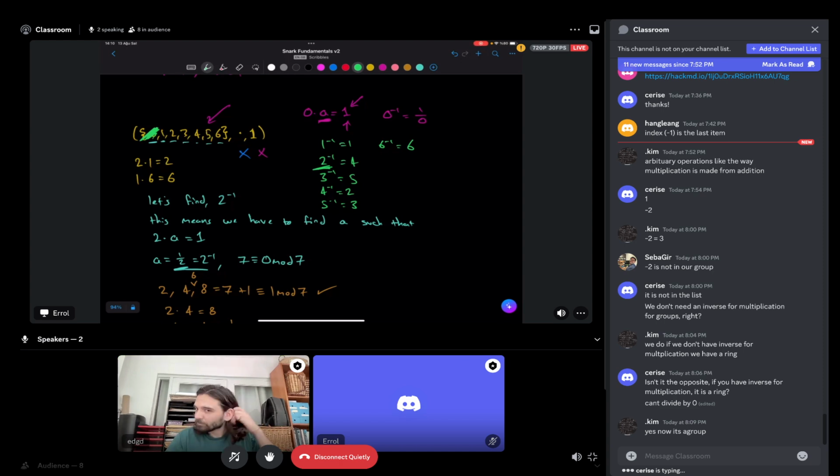Okay. So to be a group, every element has to have an inverse element. And that will depend on what the binary operation is. I'm just going to wait for this question and then move on. So yeah, if you guys have seen rings and things like that, this will probably be quite basic for you.